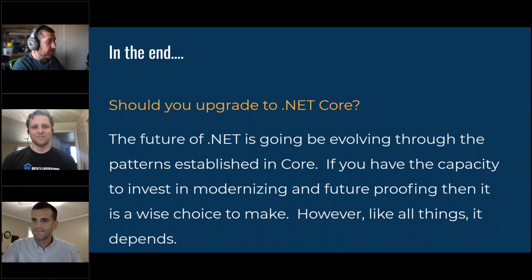So let me interpret that question two ways. Are there libraries that exist in the wild that we use for typical startup? Yes, it depends on what application you're trying to build, but there are typical NuGet packages that we like to use.